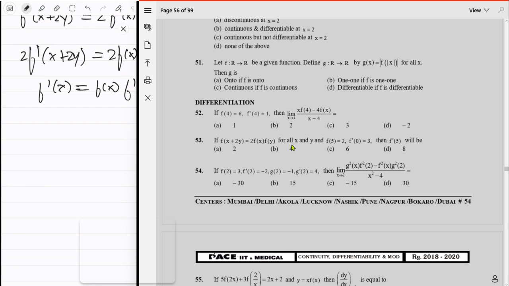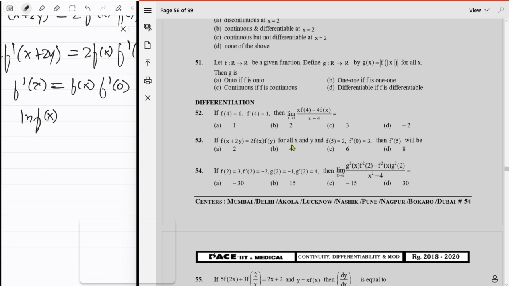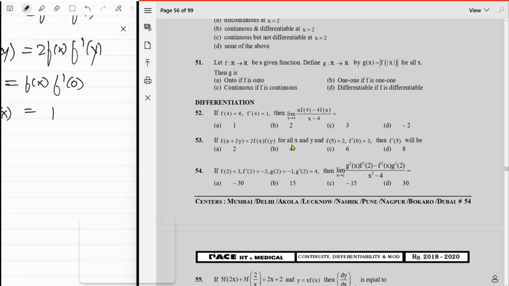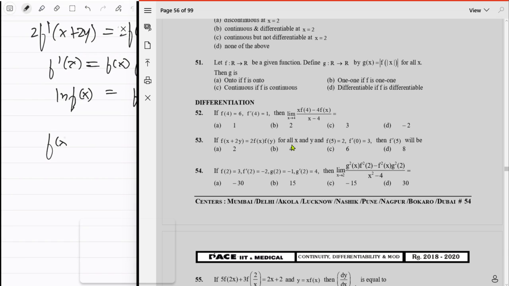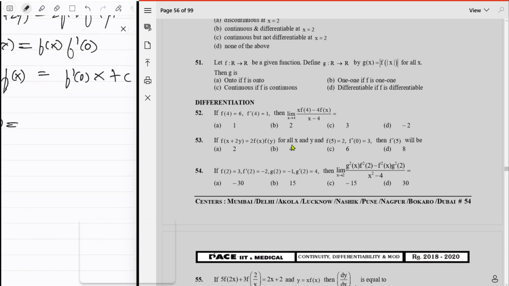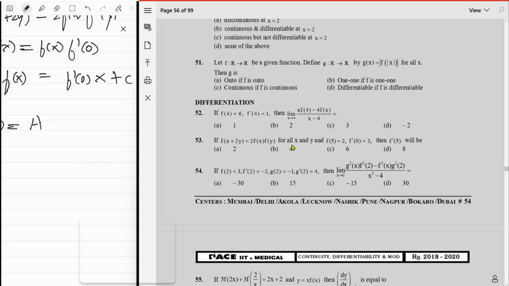So natural log of f of x is equal to f dash of 0 times x plus some constant. So f of x is just equal to some constant times e power f dash of 0 times x. That looks cool. So that's our function.